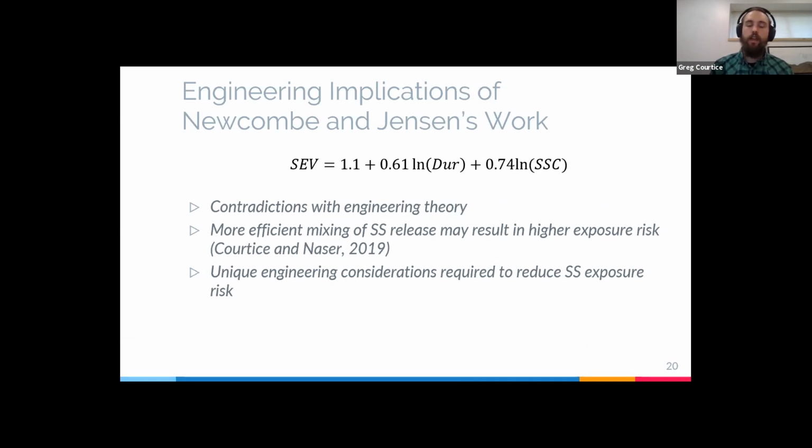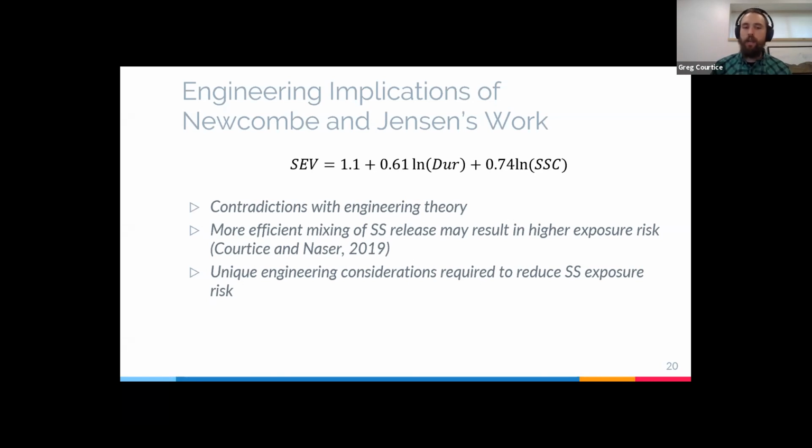So an interesting thing is this actually contradicts a lot of traditional engineering theory. In particular, this idea that if you have an industrial or wastewater effluent into a clear system, you want to mix it as efficiently as possible to reduce concentrations. Well, mixing efficiently exposes more habitat to the pollutant, and if you are exposing more habitat to an incremental change at low exposures, what you're doing is creating a higher exposure risk.